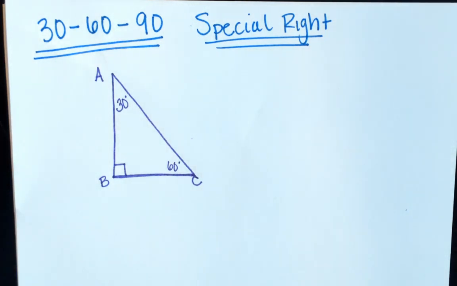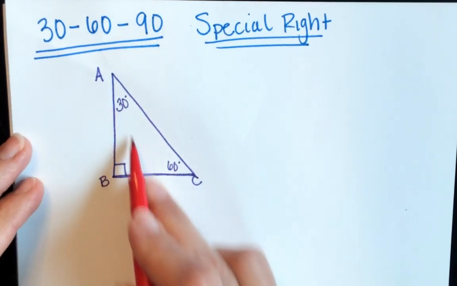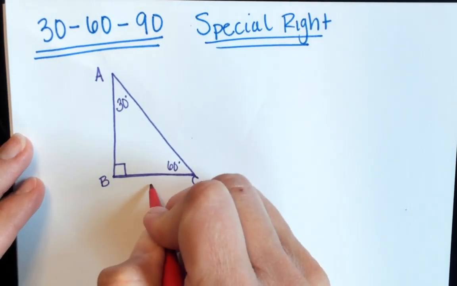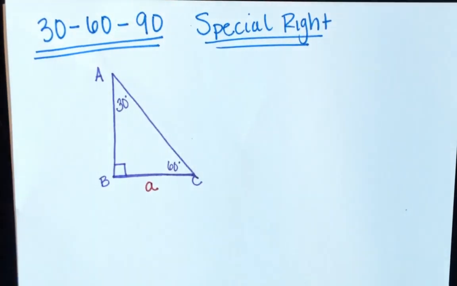So with 30, 60, 90, there is a special formula that we're going to use, and opposite our 30-degree angle is going to be A. Just like in our isosceles, we have to start somewhere.